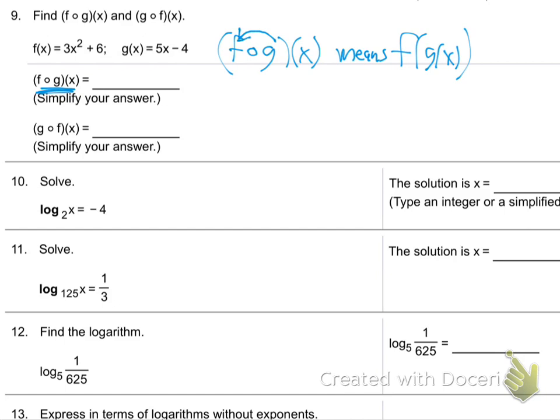Remember, functions are always right to left. So that means all of g goes into the x slot of f. So this equals 3 times (5x minus 4) squared plus 6. See how I just put all of g into the x slot of f?